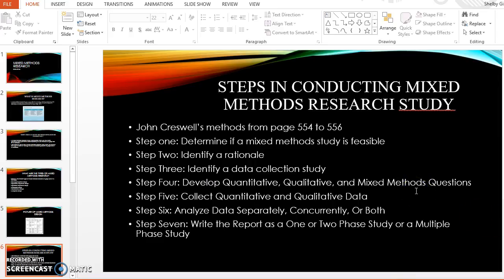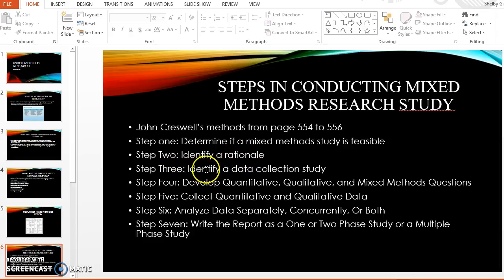Okay, so going down here, Creswell had steps as to how you would conduct a mixed methods research study. The first step was you have to determine if a mixed methods research study is feasible or possible. Step 2, you have to identify a rationale for doing it.